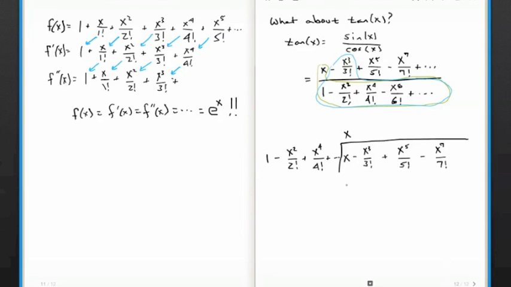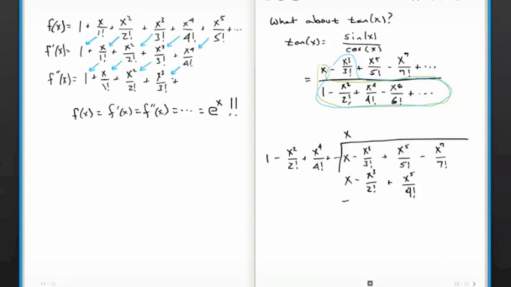So x times 1 is x. x times negative x squared over 2 factorial is minus x cubed over 2 factorial. And then x times x to the 4th over 4 factorial is plus x to the 5th over 4 factorial. And that's all I've got for now.